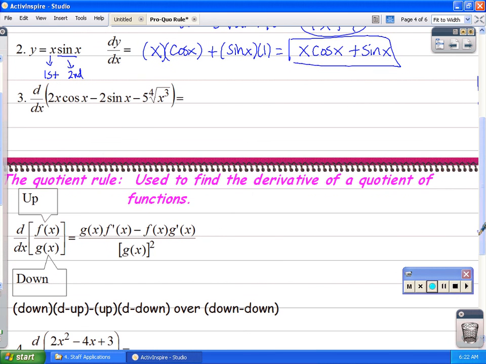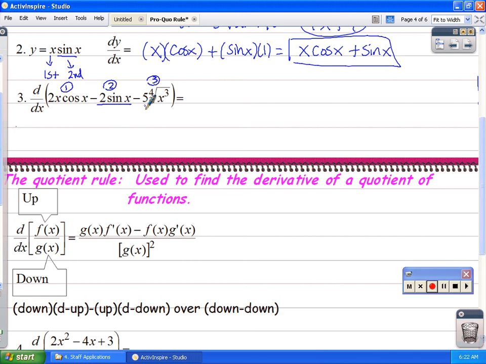Problem number 3. This time we have 3 terms. So this is term number 1, term number 2, and term number 3. Remember, terms are separated by plus or minus signs. Now, the second term is what I'll basically call a normal term, something we already know how to take the derivative of without applying anything different.